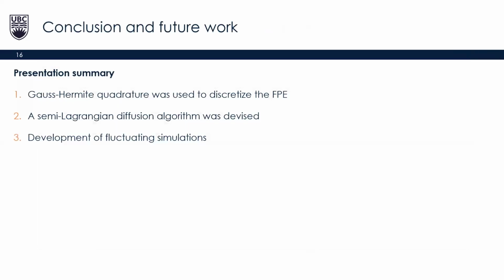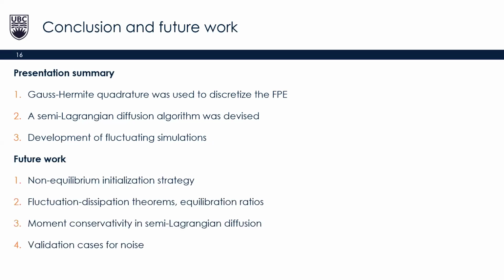So just to summarize, I used Gauss-Hermite quadrature and we've shown that it can be used to discretize the Fokker-Planck equation. And we developed a somewhat heuristic diffusion algorithm that's semi-Lagrangian that can evolve the lattice Fokker-Planck equation. And then we just started development of simulations.